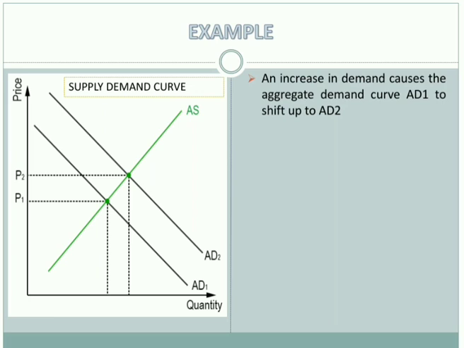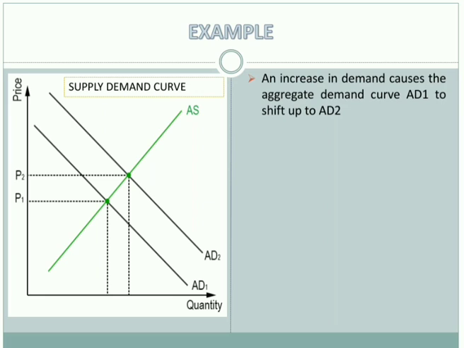So now here we have the supply demand curve. The first point is, an increase in demand causes the aggregate demand curve AD1 to shift up to AD2. AD1 is our aggregate demand curve, and AS, in green color, is our aggregate supply curve.